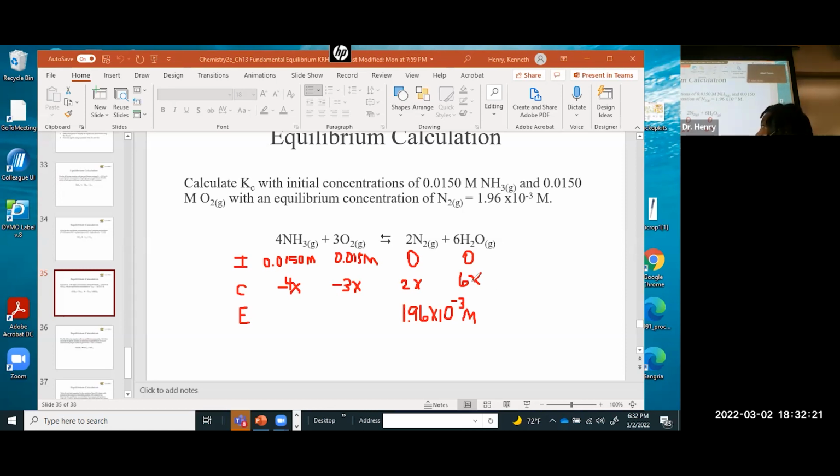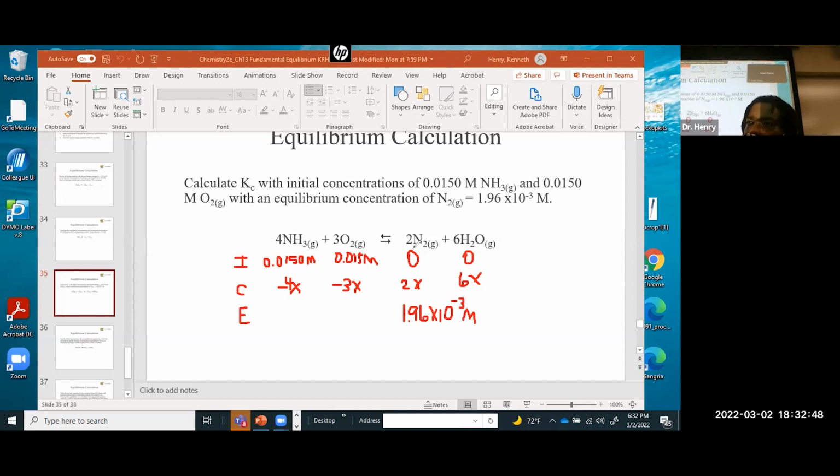You could set it up in terms of, because it's all relative, right? So if we say that this is x, then we know that this guy is going to be, let's see, 4, so that'll be 2x, because it's the molar ratio between them. So it's a relative type of thing.